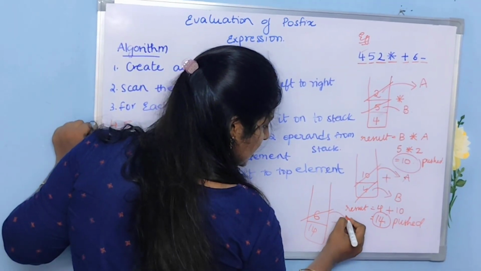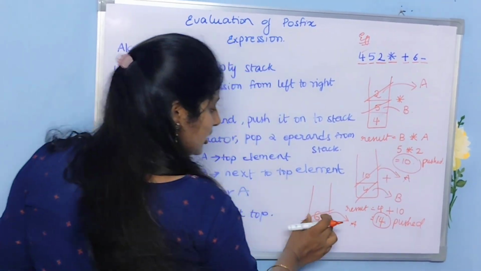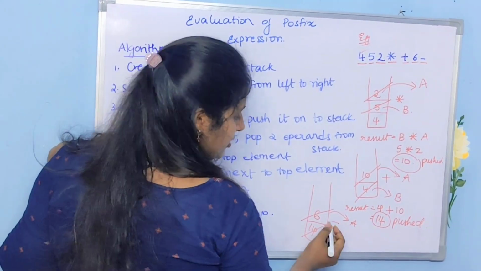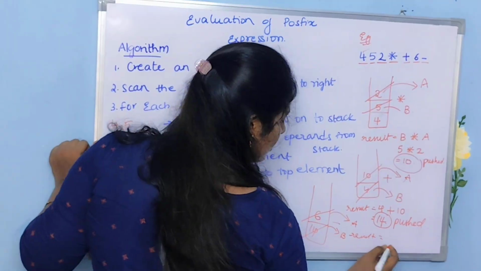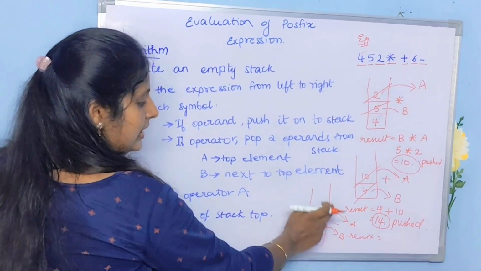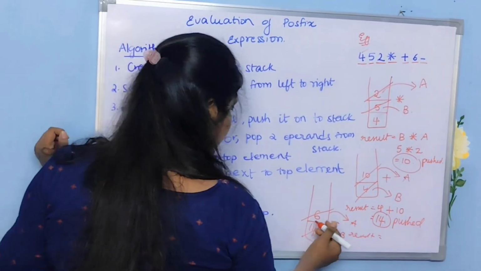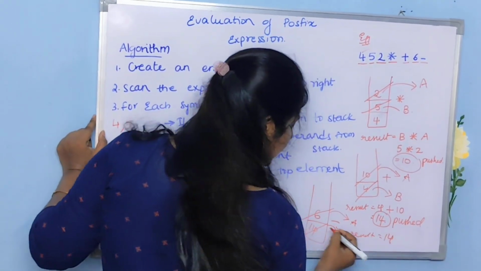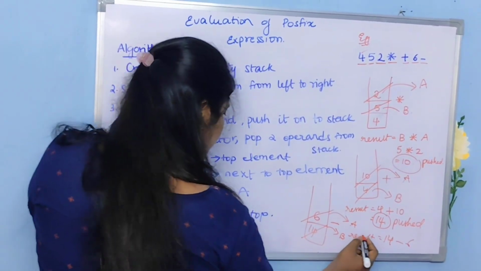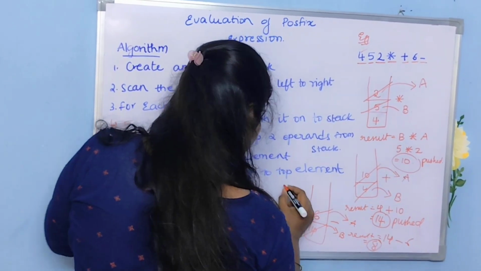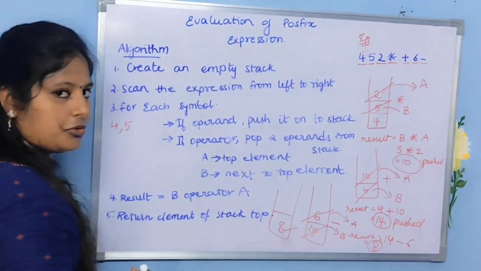So the 6, the top element, is considered as A, and the next element which is popped is considered as B. Now result is B minus A. This is the symbol which made the operands pop, so you use that symbol only. So what is B? 14 minus 6 is how much? 8. So you have to return it into the stack again. So this is the output for that.